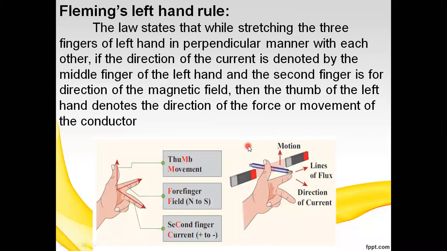For Fleming's left hand rule, the thumb denotes the direction of motion of the force, the forefinger indicates the magnetic field, and the middle finger indicates the direction of the current. The magnetic field and current are perpendicular to each other.